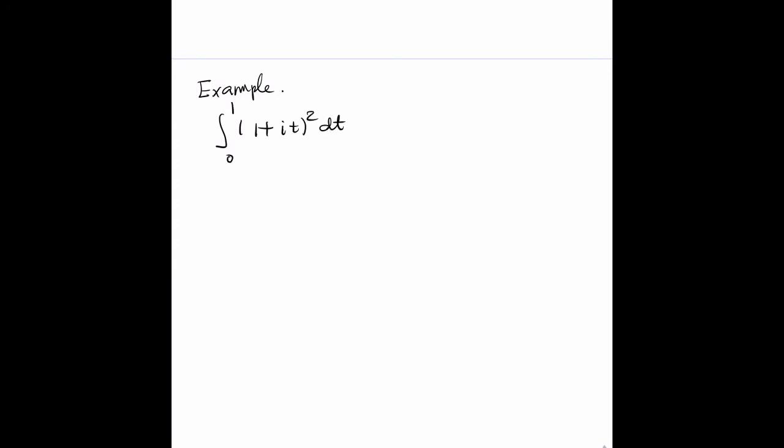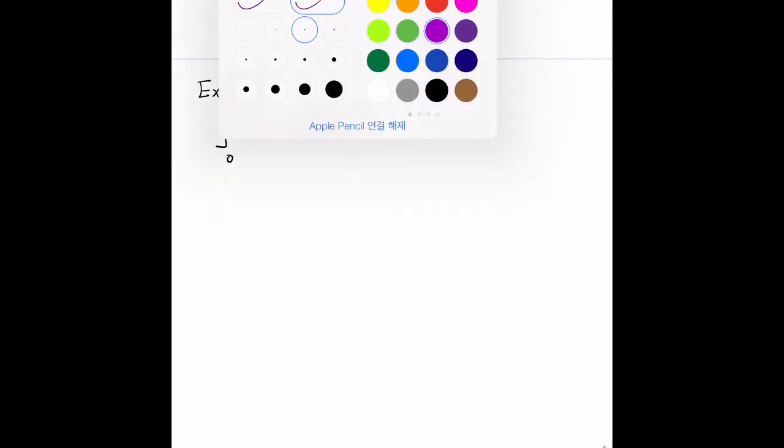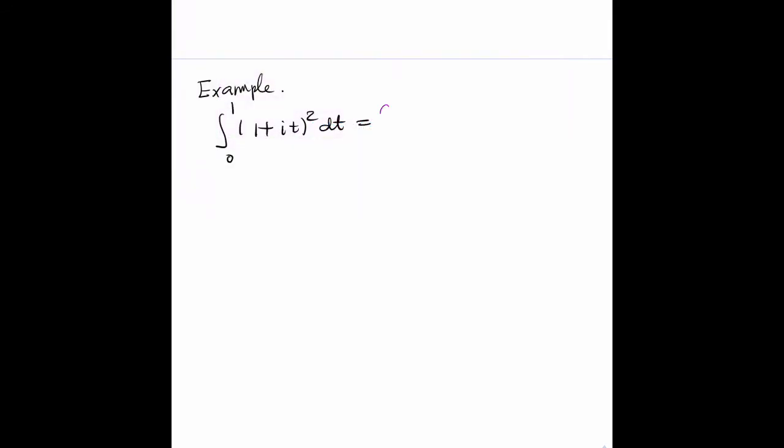For this one, I can expand this out. So this is 1 minus t squared plus 2it. So let me rewrite: this is the real part and this is the imaginary part, times dt, with i times 2t.